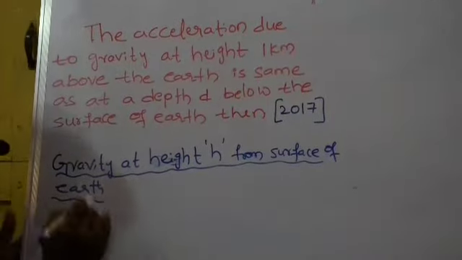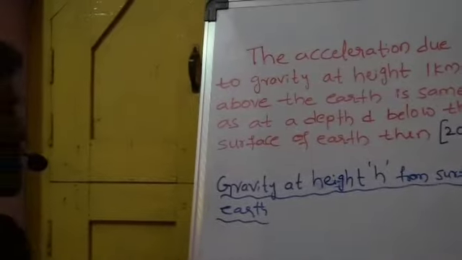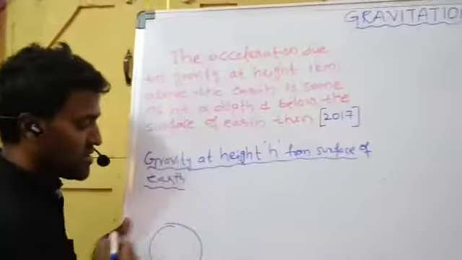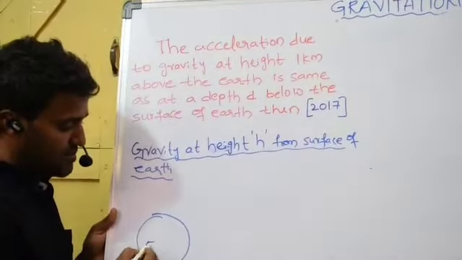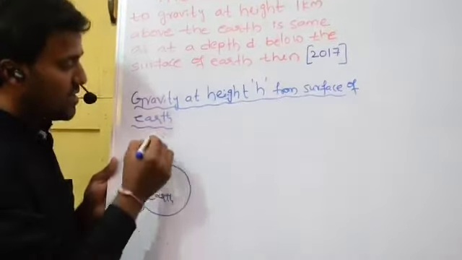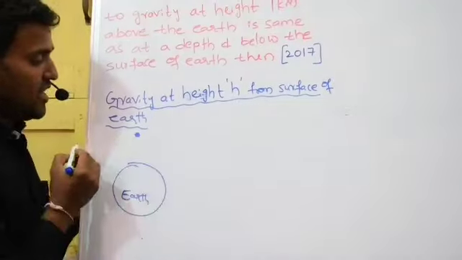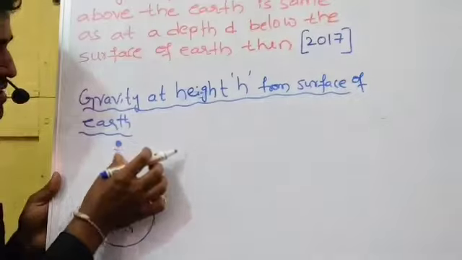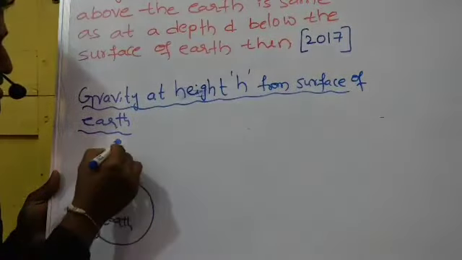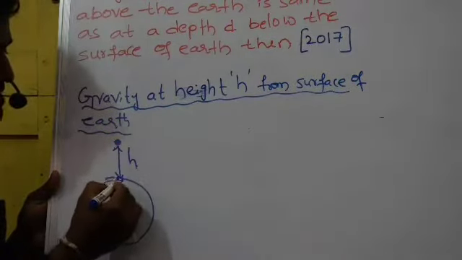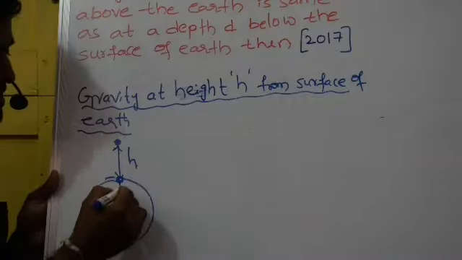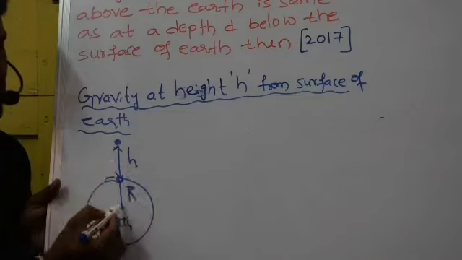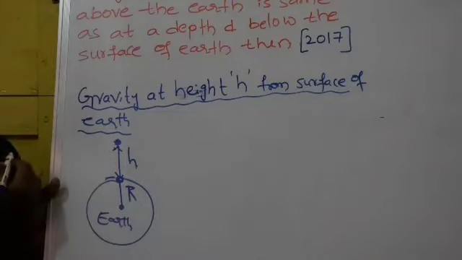First I want to derive this equation. For example, this is the earth. Now the object is at this position. From here to here the distance is h. And from the surface of the earth to the center of the earth it is capital R. What about the total distance from here to here? It is R plus h.